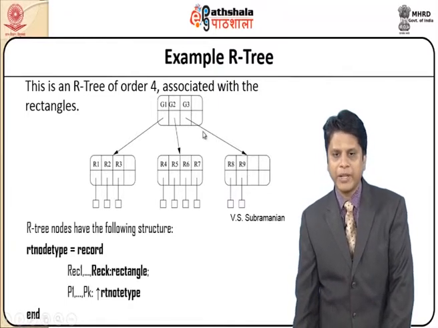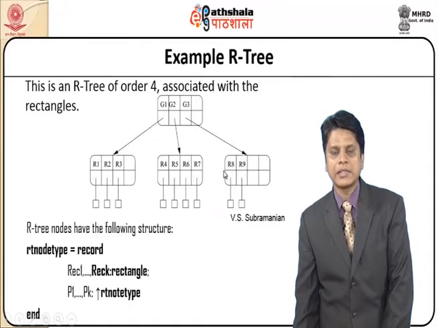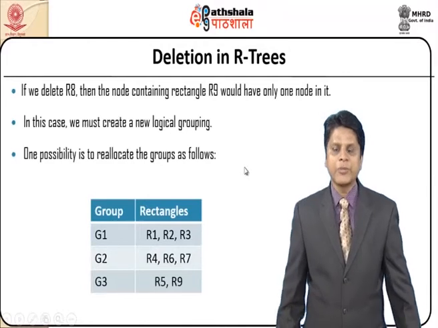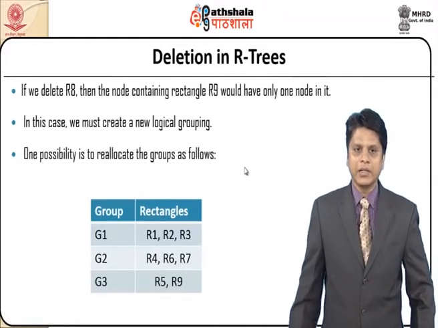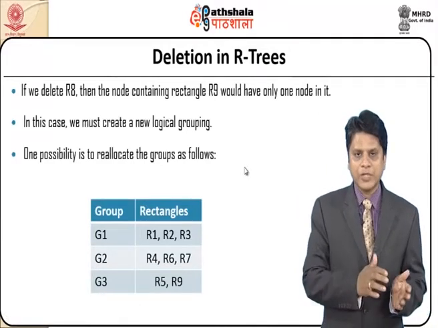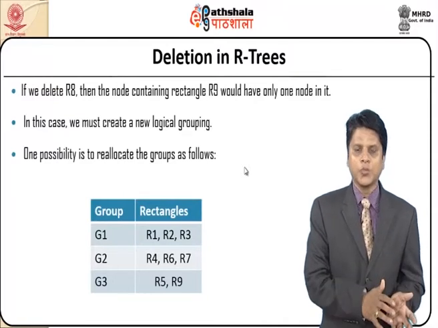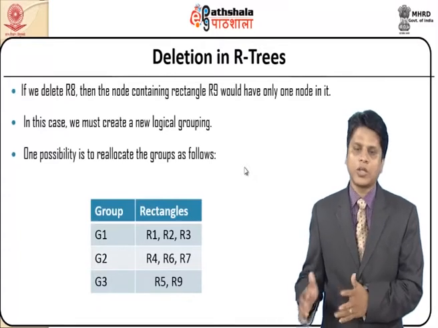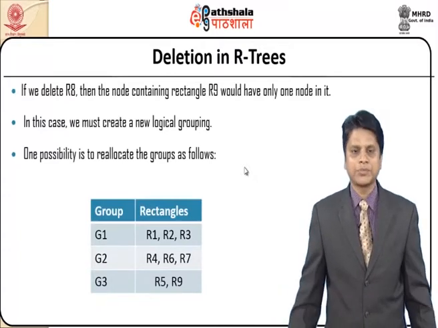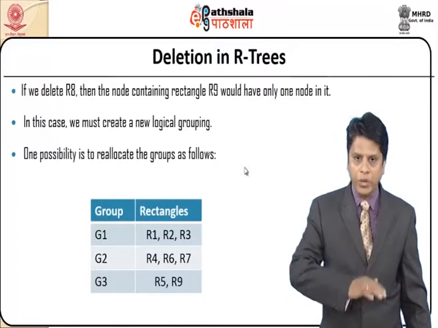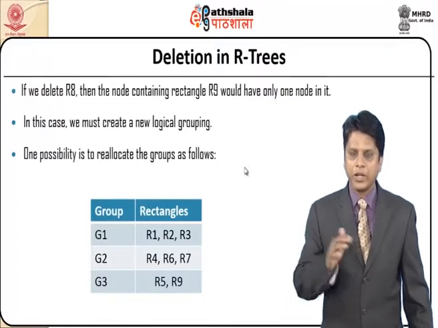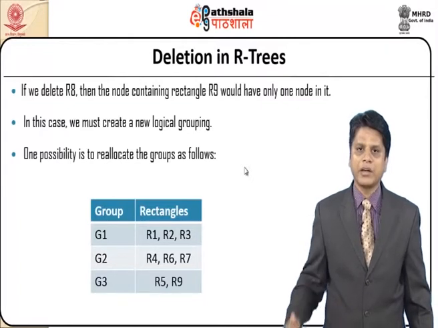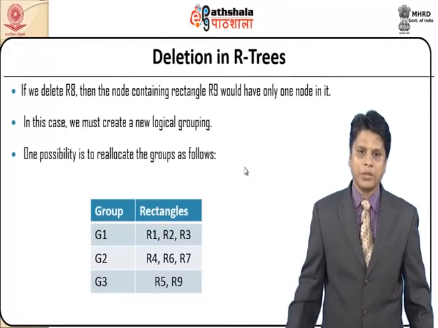In this place, as we say, this is underfull. So, in this case, we must transfer some of the rectangles associated with the other groups to the group that we are considering. One possibility is to relocate some of the rectangles to the existing group, so as not to make it underfull.